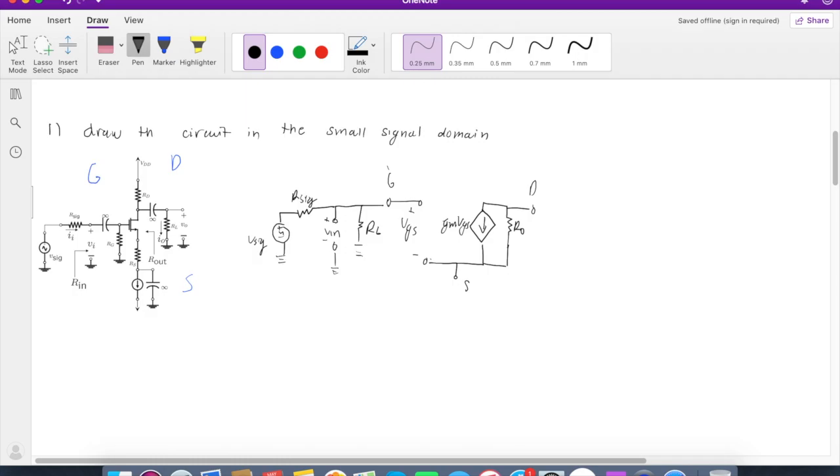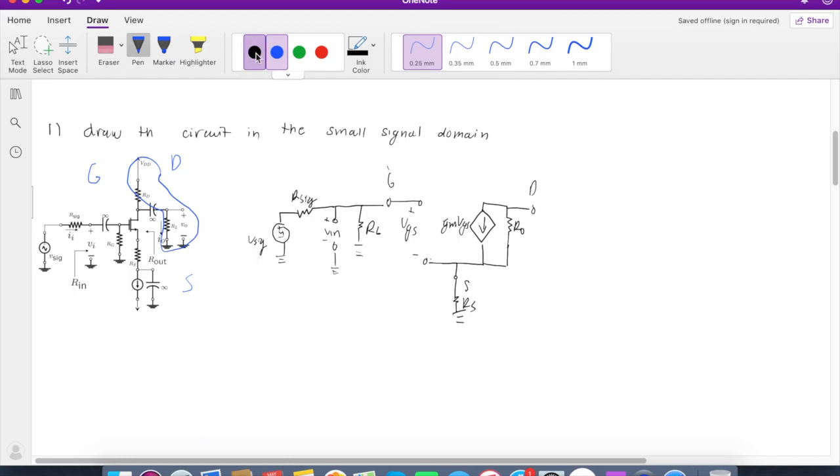Now for the source, we see that we have a source resistance, RS, and then the current source gets open circuited, so we don't even have to worry about that. And the capacitor gets short circuited, so this is just connected to the ground. Now for the drain, we have these two resistances, which once we short circuit the VDD, both will be connected to the ground.